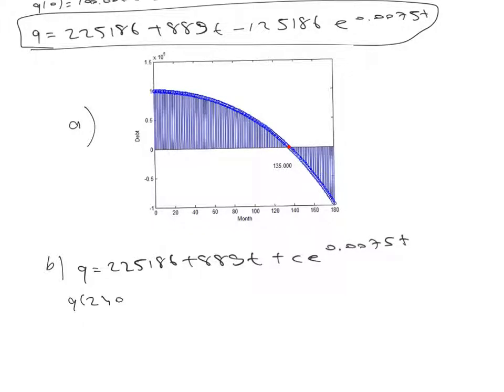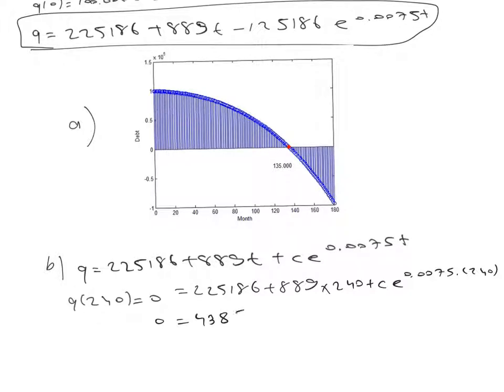So, and from here C is equal to minus 72,491.